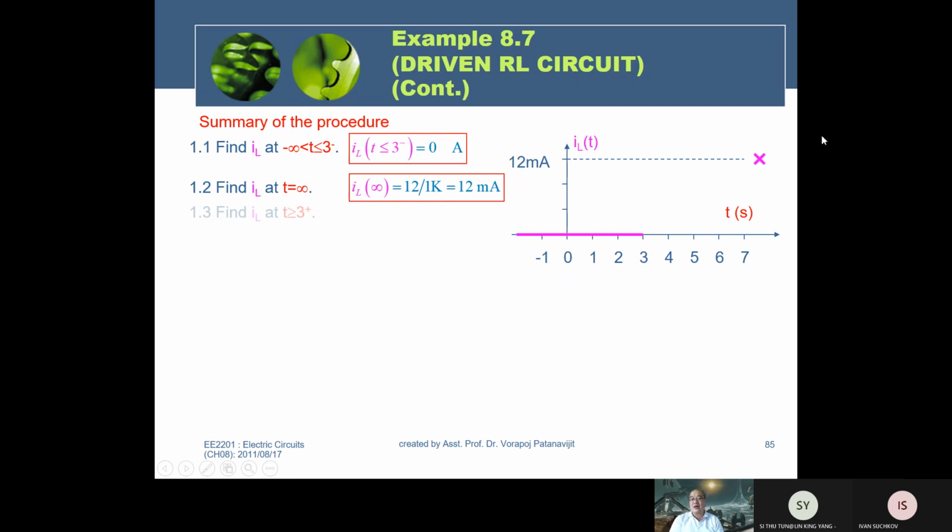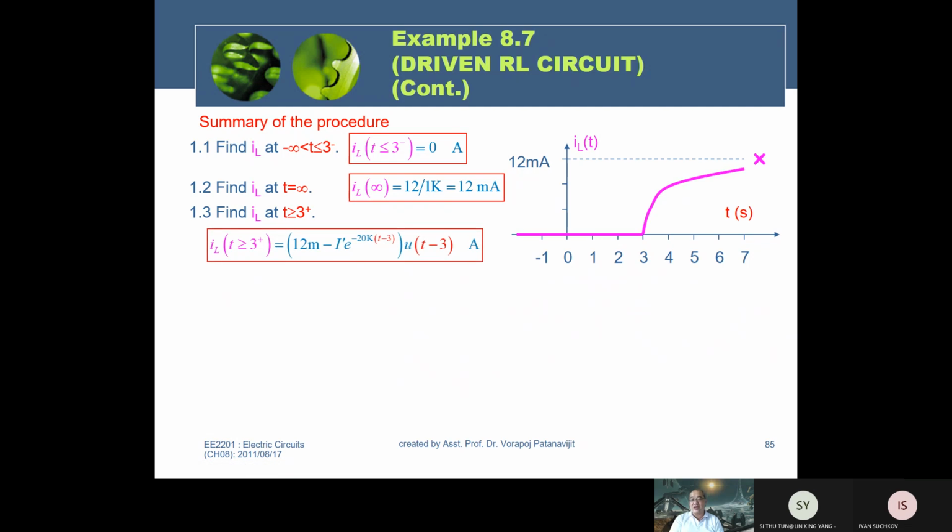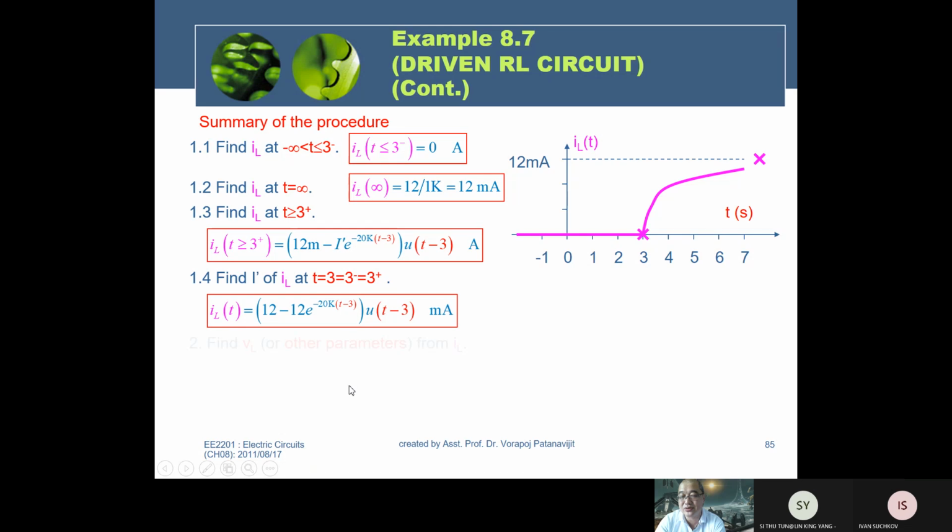IL for time greater than 3, you can compute from the formulation that you already have, substituting the inductor and the resistor. IL for time less than 3 and greater than 3 will match at this point, and you can use them to determine the initial conditions.